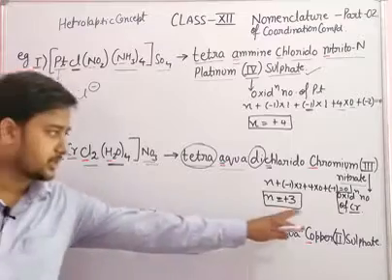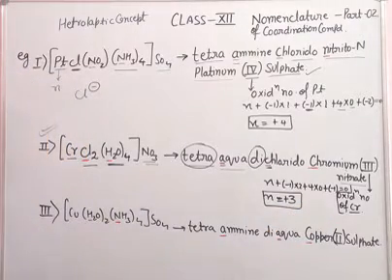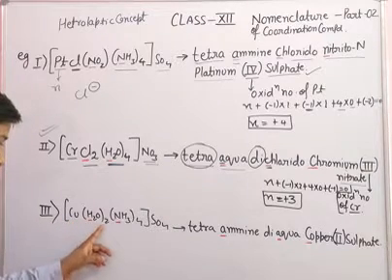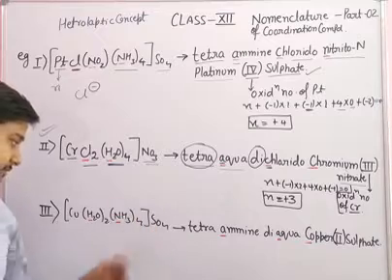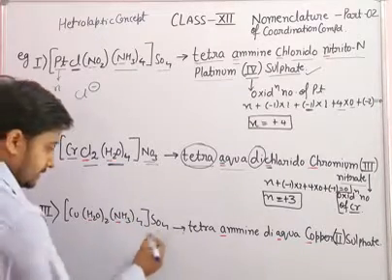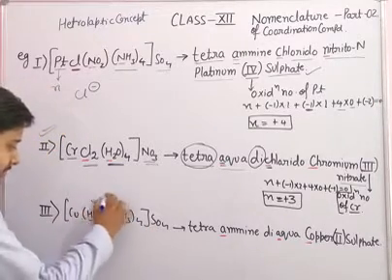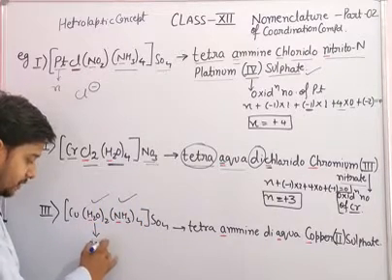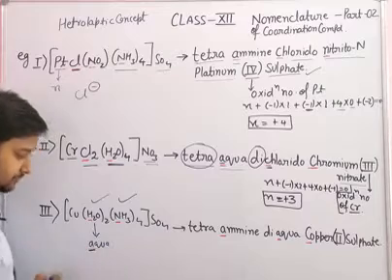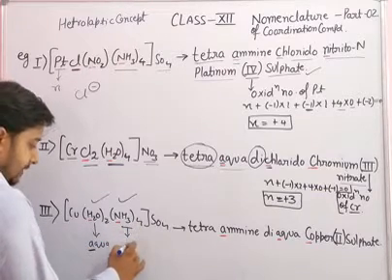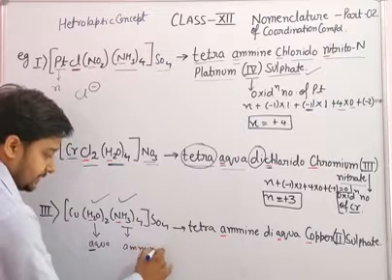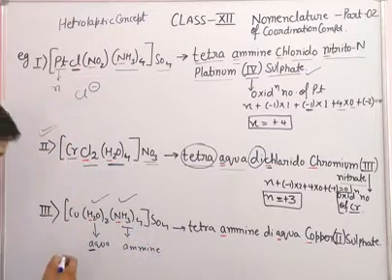How to calculate the oxidation number? Okay, the last example for this nomenclature: central metal atom, that is copper, H2O whole twice, NH3 whole 4, SO4. Now in this case, which will we write first in the name? This is H2O, that is aqua. The first letter will be A. In the case of amine, the first letter will be A. So in this case we follow the next letter.